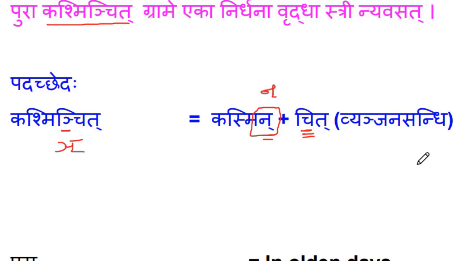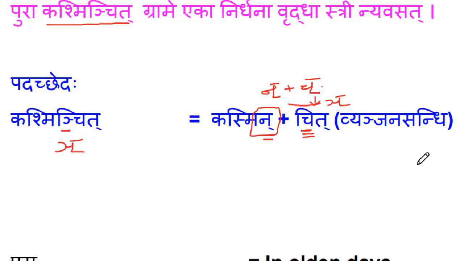Then this N will change into the fifth letter of the Cha group. What is the fifth letter of Cha? Cha, Chha, Ja, Jha, Nya. So the fifth letter of Cha is Nya.